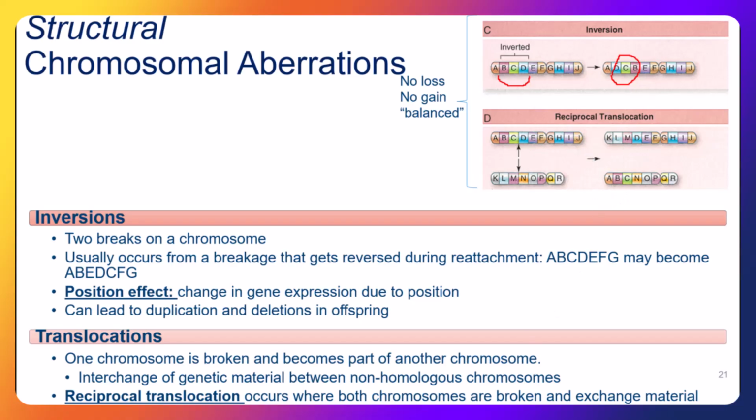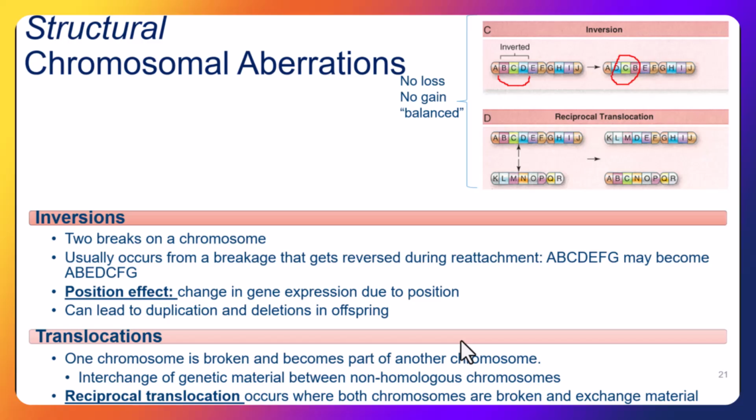Now, similar to inversions, problems often do arise during gamete formation, where this unbalanced chromosome segregation can lead to embryos that are missing or have extra genetic material. So the key idea here is that these balanced rearrangements may be silent to the individual, but they can significantly increase reproductive risk, which is why they're clinically so important.